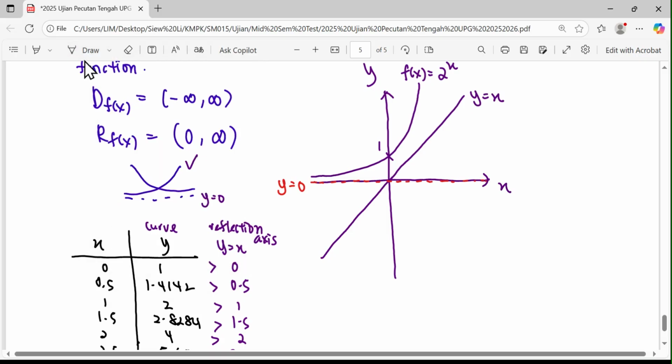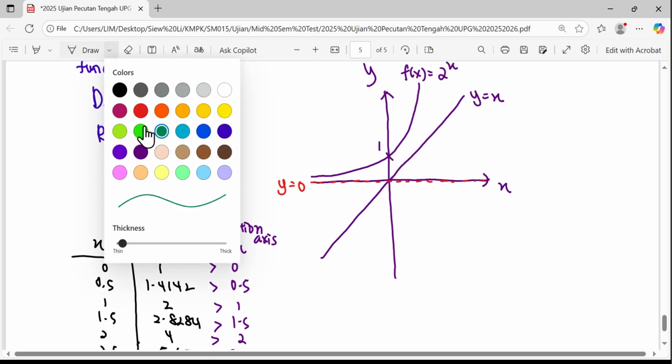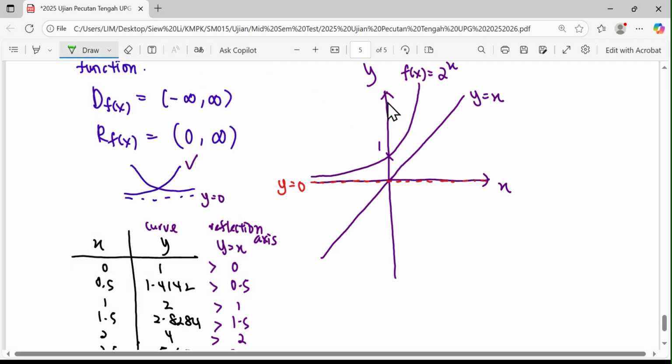Try folding your paper according to the reflection axis. Okay, flip your paper, fold your paper, and then you do this reflection. The horizontal asymptote, when you do the reflection, will come up as a vertical asymptote, which is x equals 0.